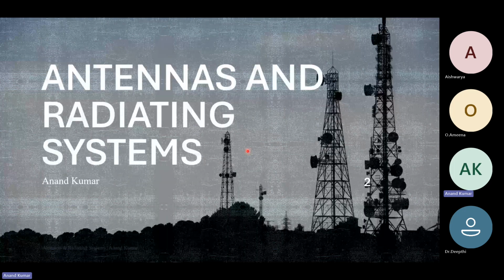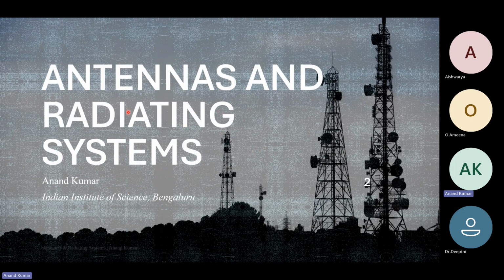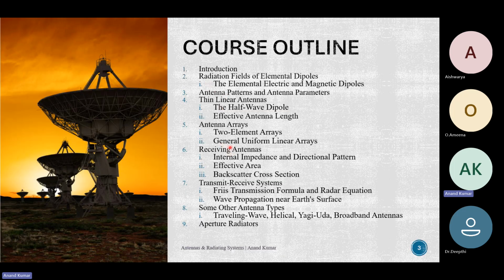So we are doing antennas and radiating systems. We'll start with the radiating systems part today. In the last class we were doing antenna arrays. We did linear antennas. Today we'll start with receiving antennas.